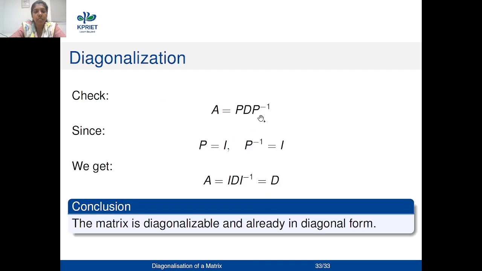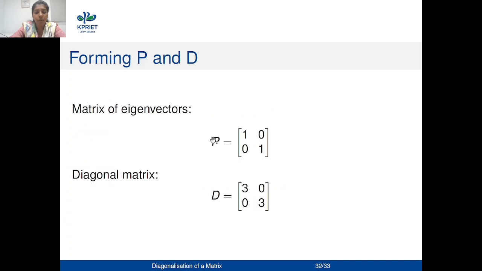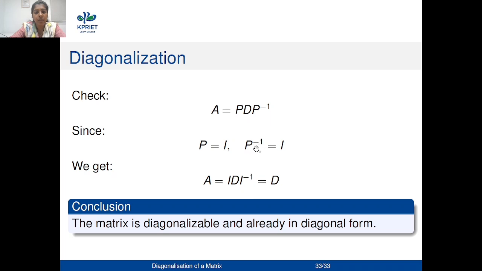If I consider this expression, for this problem the P matrix is the identity matrix. So the inverse of the matrix P is also the identity matrix. So it obviously satisfies my given expression. So this is another matrix which shows that a matrix is diagonalizable.